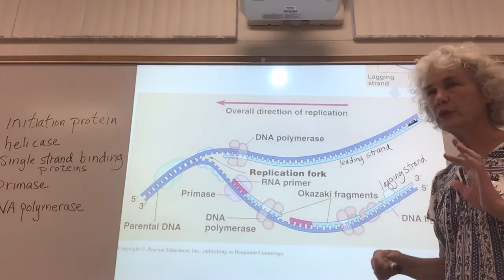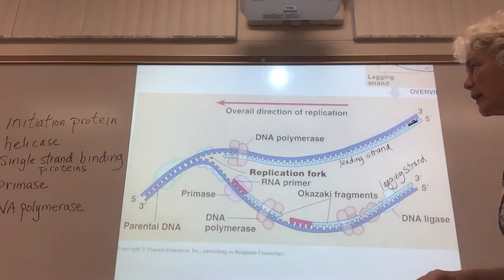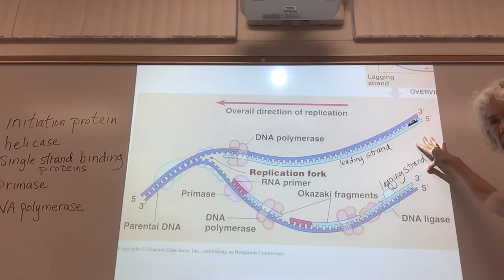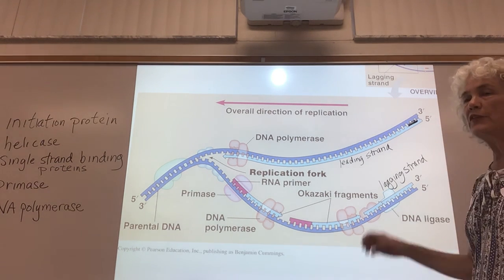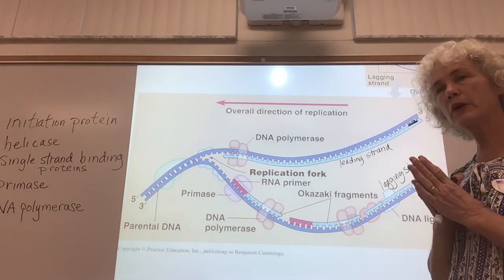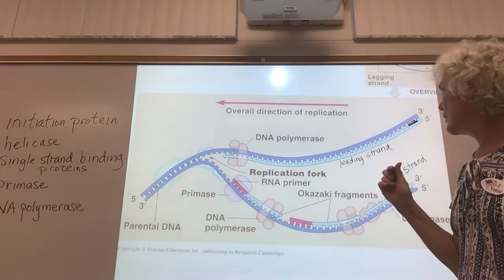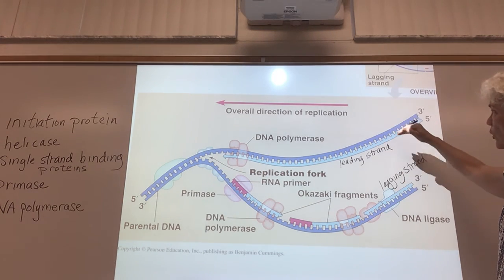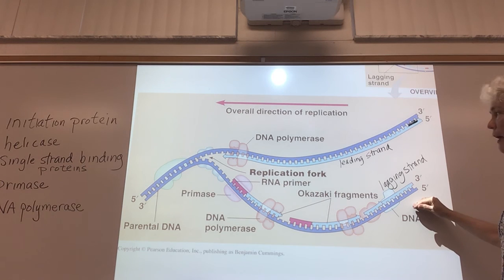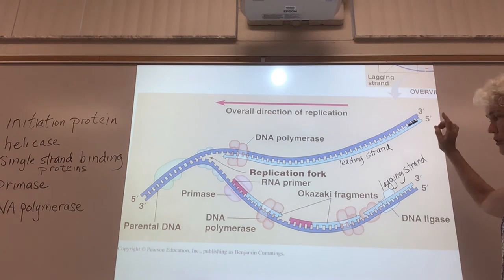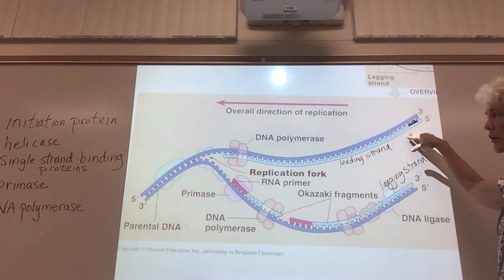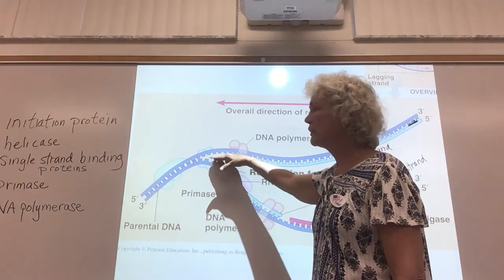So just to reiterate, basically what has to happen is at the beginning, an initiation protein comes in. It identifies where we're going to start the replication bubble. Then the helicase comes in and breaks apart the DNA molecule. The third thing that happens is the single strand binding proteins will hold them apart. And then the primase lays down a primer, and DNA polymerase can come through and copy on the leading strand.